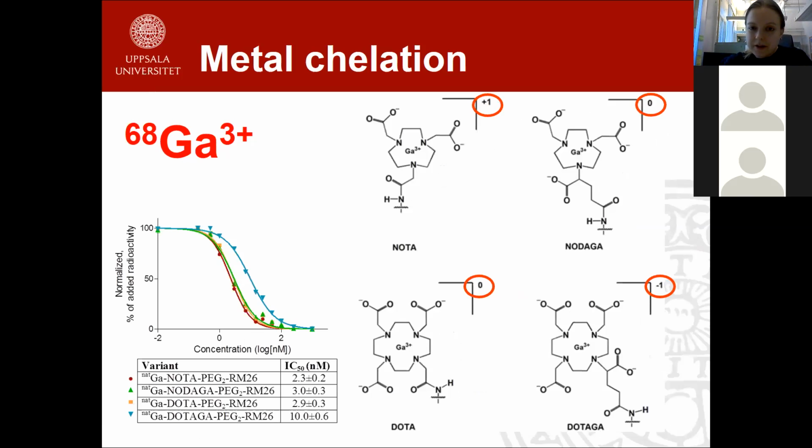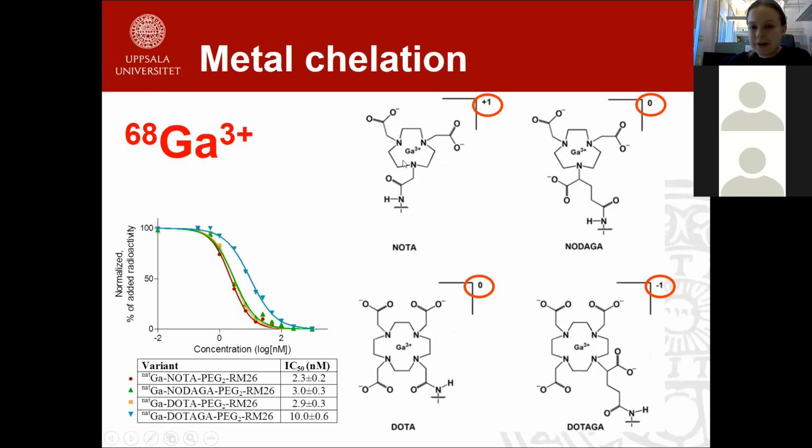Also, another thing that I forgot to mention, maybe it's a bit too much detail, but I just want to say that gallium actually works better for NOTA and NODAGA, the triaza chelators as they are called.